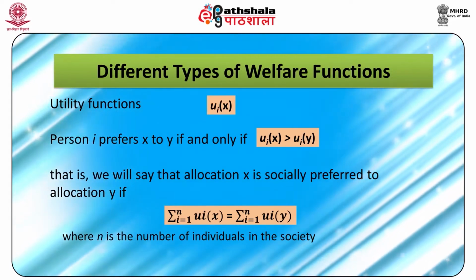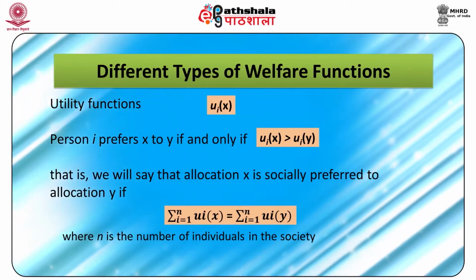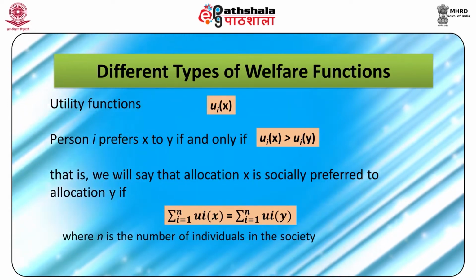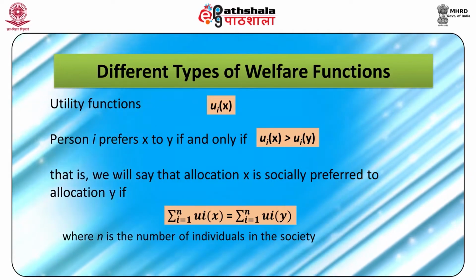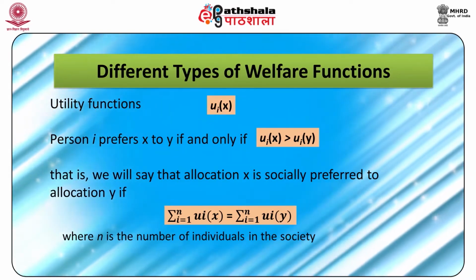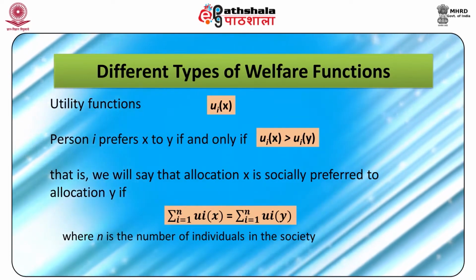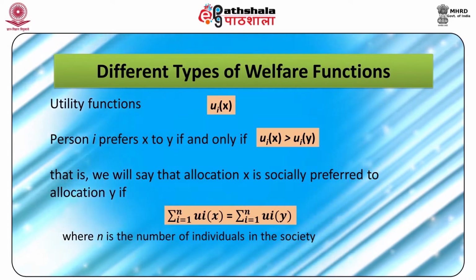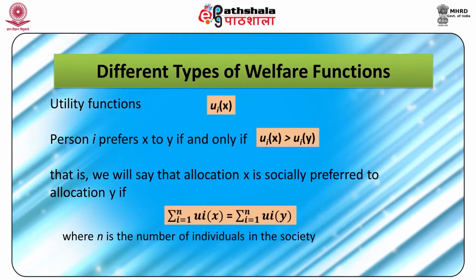That is, we will say that allocation x is socially preferred to allocation y if the sum of u_i(x) for i from 1 to n is greater than the sum of u_i(y) for i from 1 to n, where n is the number of individuals in the society.